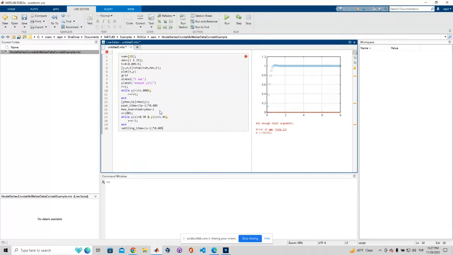So these are the formulas for the settling time, max overshoot, peak time, and anything we forgot, the rise time. Yeah, we didn't write rise time, I guess.